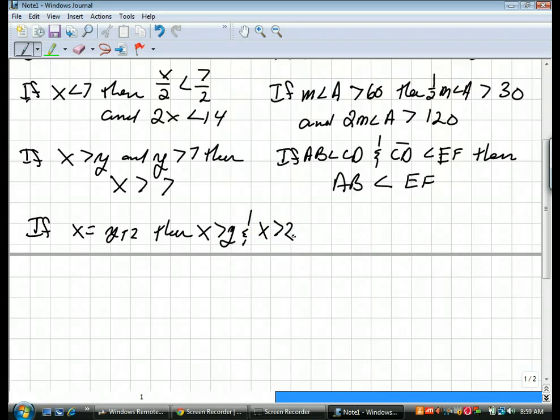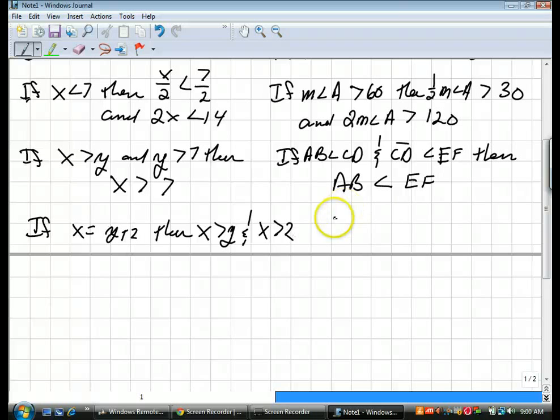This property, we often say the whole is greater than its part, okay? Because y and 2 are both part of x. They went into making x. So x has to be bigger than either of the two, okay?